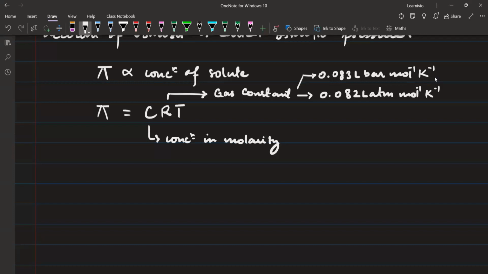So if the pressure is given in the units of bar, then you are going to use 0.083 liter per mole per Kelvin. If it is given in ATM, you will use 0.082. What is this? T is temperature in Kelvin.